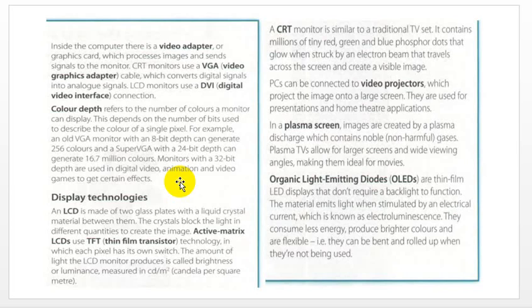The material emits light when stimulated by an electric current, which is known as electroluminescence. They consume less energy, produce brighter color, and are flexible. For example, they can be bent and rolled up when they are not being used.